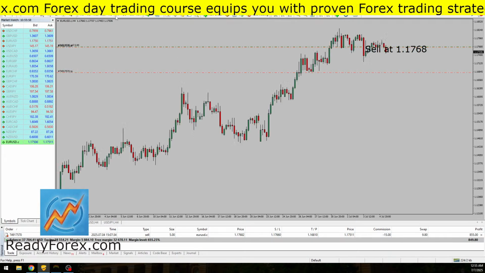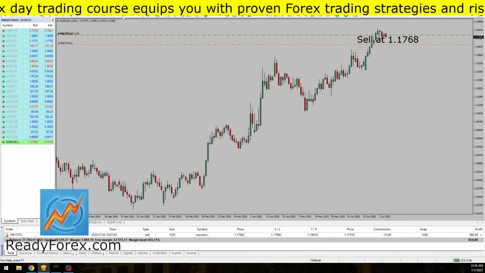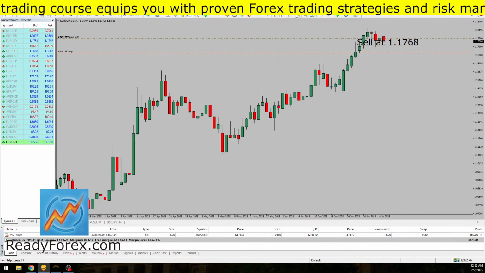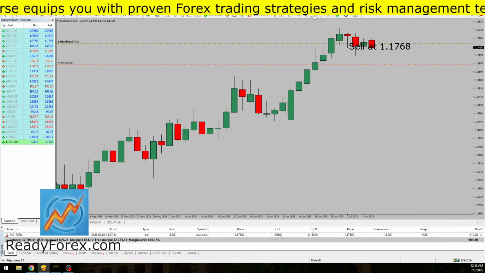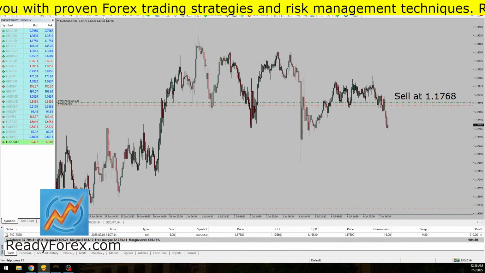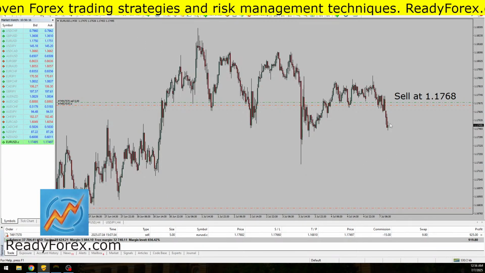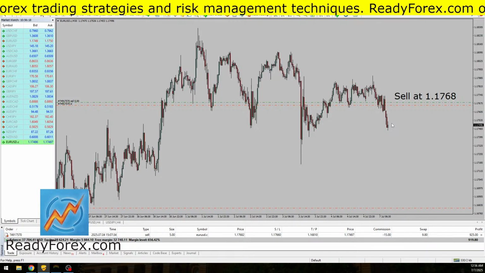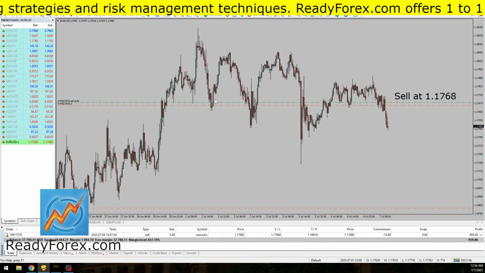Okay, now let's go to a daily chart to see what's going on over here. Okay, daily looks kind of bearish. So at this point in time, inside euro dollar currency pair, I've locked in about 2 pips profit.